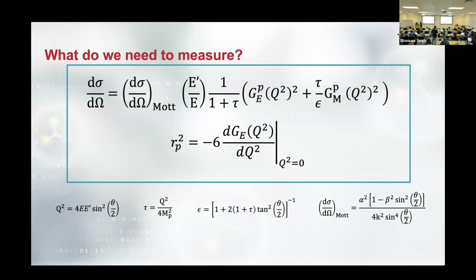So it's largely hardware-ish that limits the energy, because the spectrometer can only be in one spot, the energy completely defines your Q-squared acceptance. And so if we want to go to low Q-squared, we have to go to low energy. If we go to higher energy, we're just not going to get the low Q-squared part.